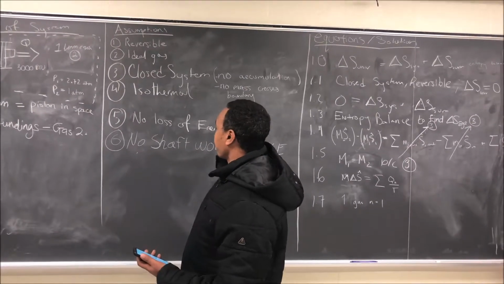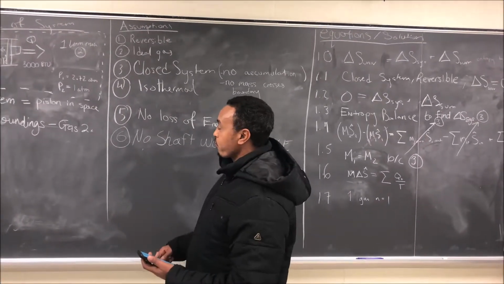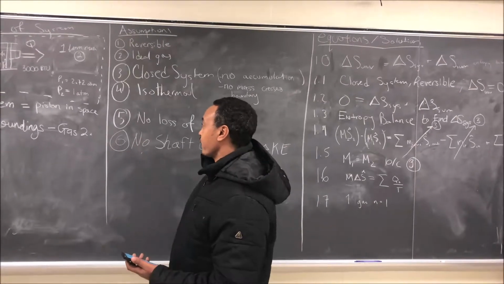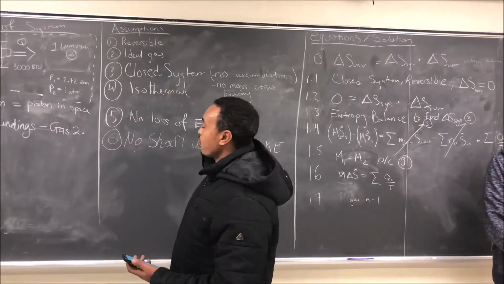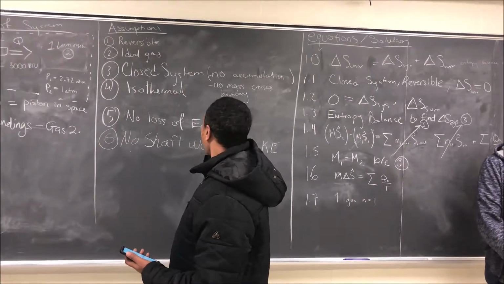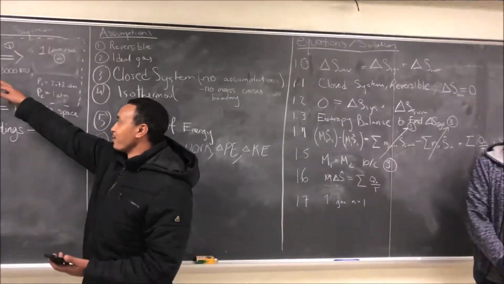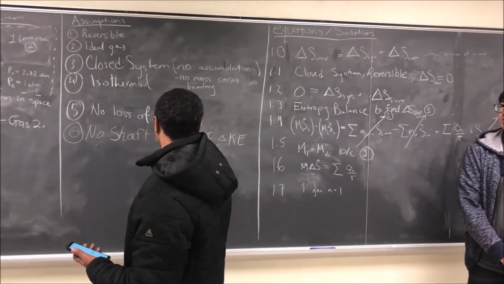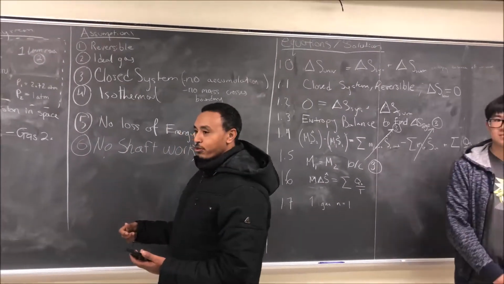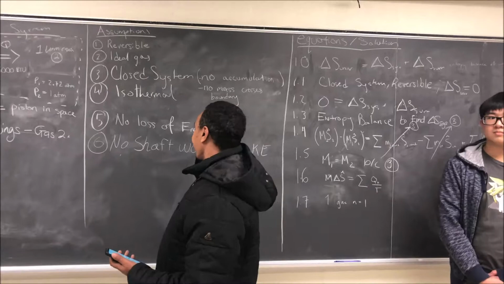No loss of energy, no shaft work because there is no machine inside it, and no difference in potential energy because the system is horizontal right here, and there is no kinetic energy because the system doesn't move.